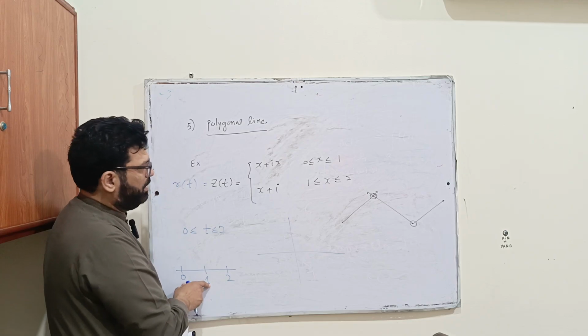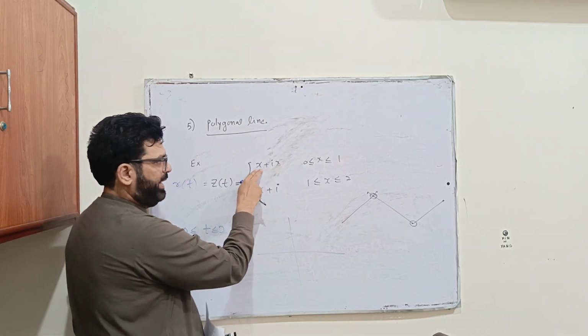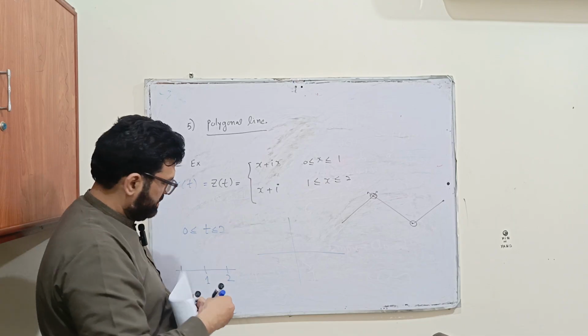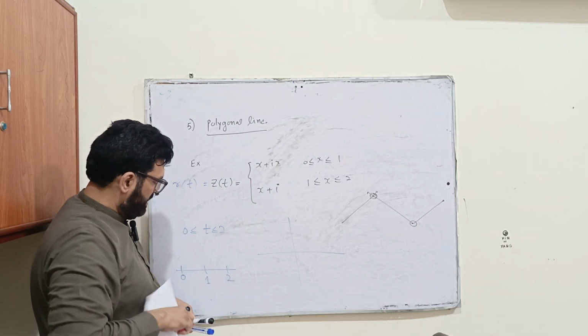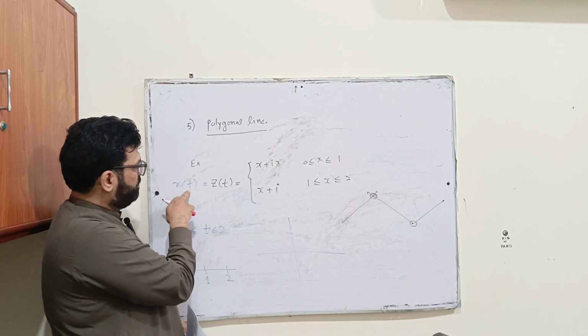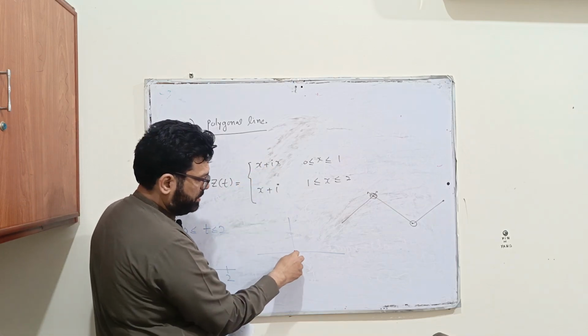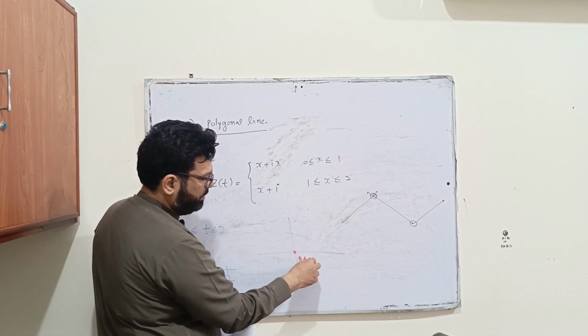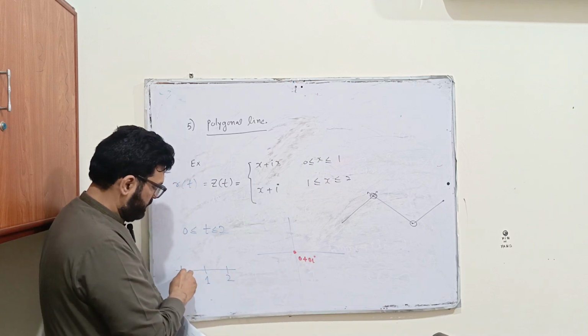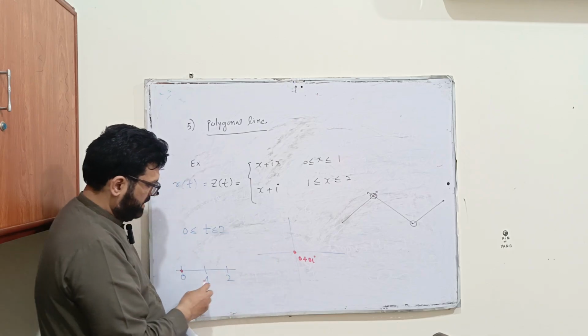We travel along this path, x plus iota x. So we plot this path. At 0, gamma of 0 or z of 0 is 0 plus iota 0, and this is the origin. This point maps to this point.